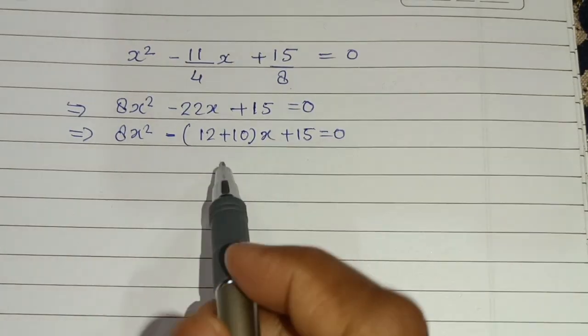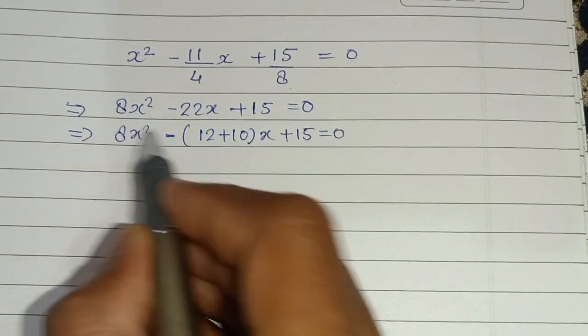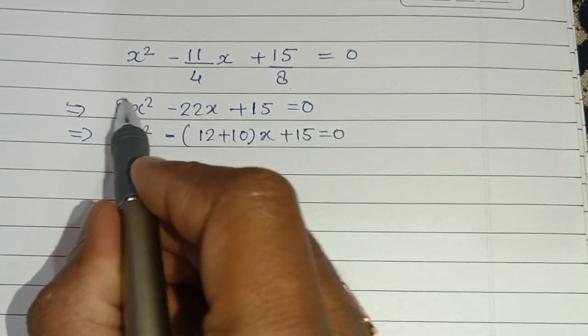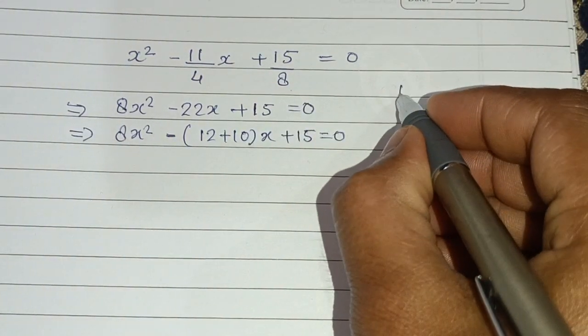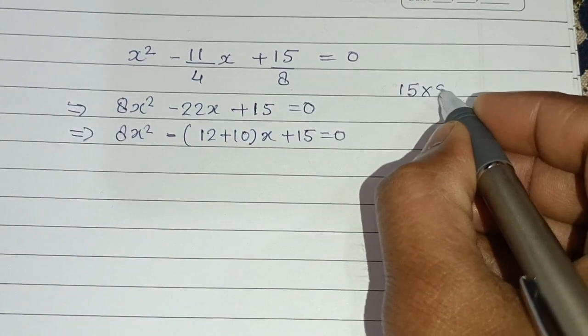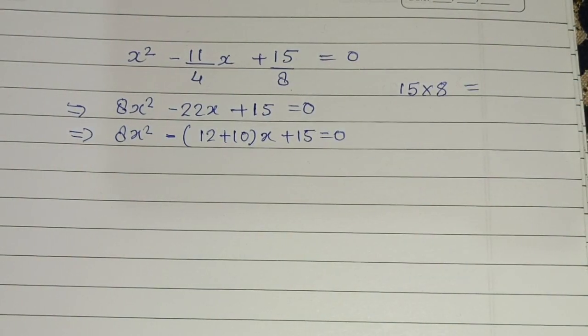आप लोगों को पता होगा इसको कैसे करते हैं. चलिए एक बता देते हैं. देखिए इसको हम क्या करते हैं, इनको मल्टीप्लाई करते हैं. ठीक है, तो 15 इंटू 8, ठीक, तो कितना आ जाएगा?